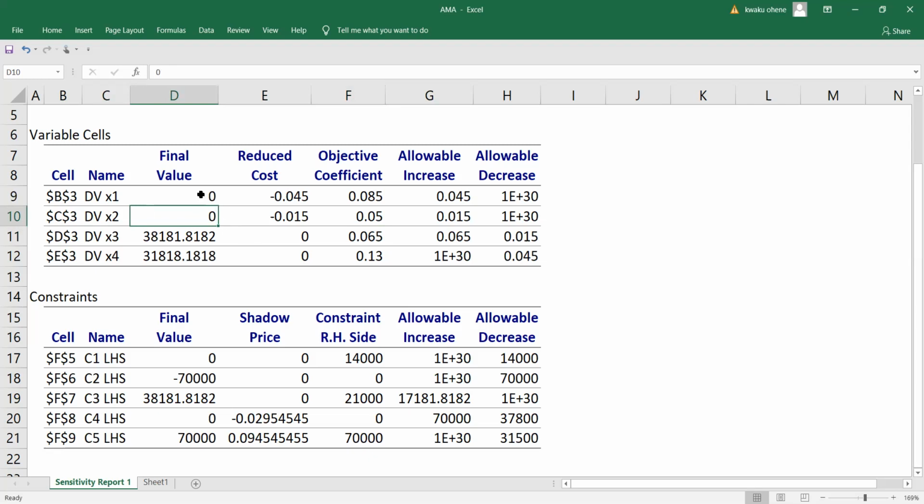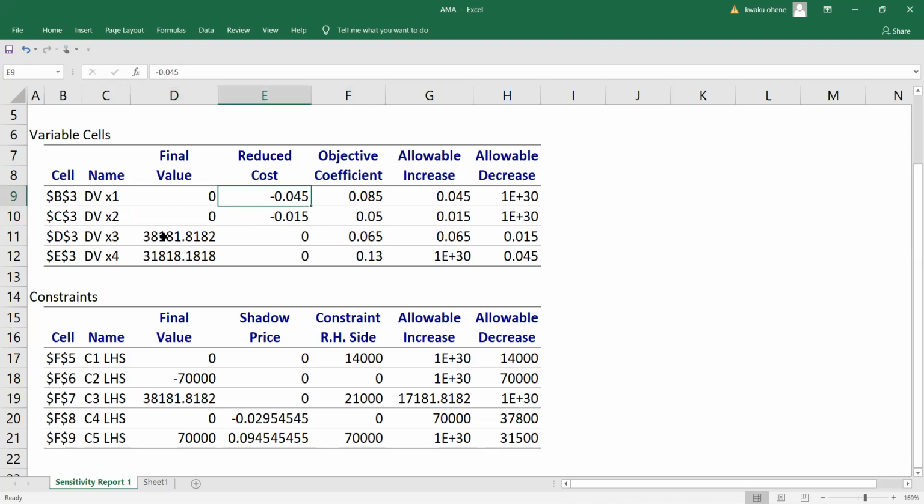So once again, anytime the final value is 0, the reduced cost value will tell you whether it is positive or negative. Anytime the final value is 0, if it is maximization, the reduced cost value will be negative. If it is minimization, the reduced cost value will be positive.